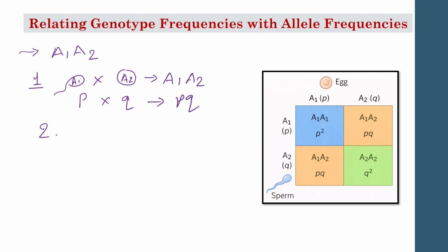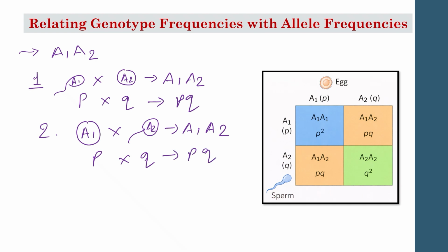And in the second case, an A1 egg can mate with an A2 sperm to form A1A2 heterozygotes, and the probability will be p into q, that is pq. Since both are equally likely to occur, we add them: pq plus pq will be 2pq. So the total probability of forming A1A2 will be 2pq.